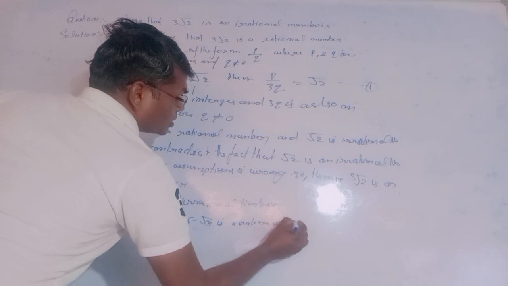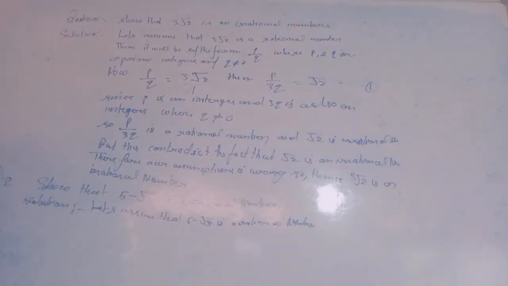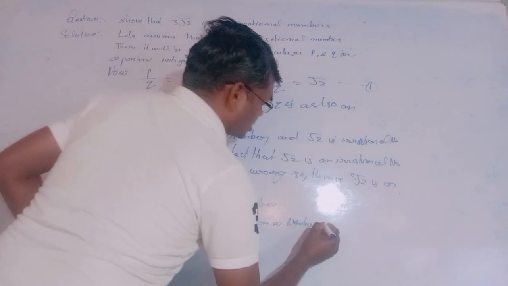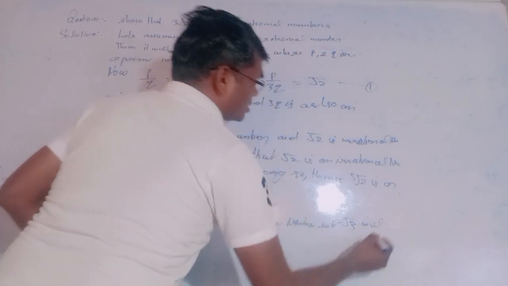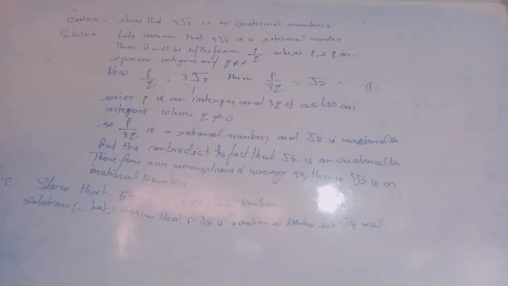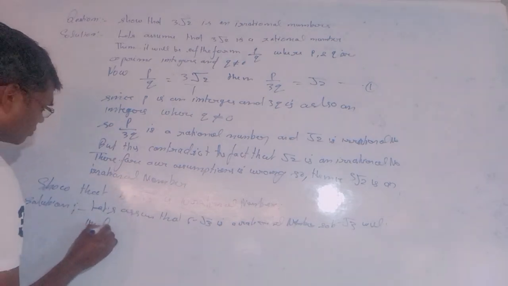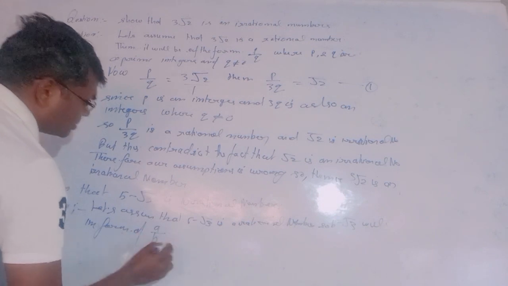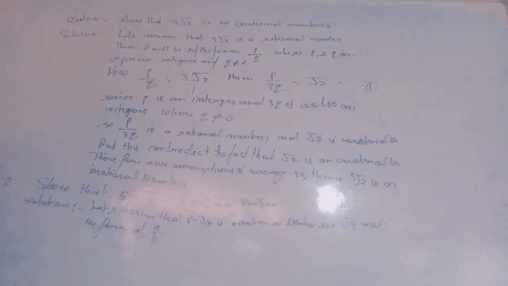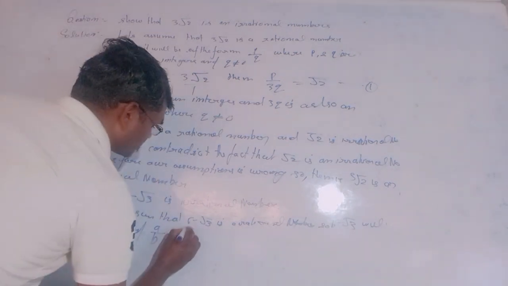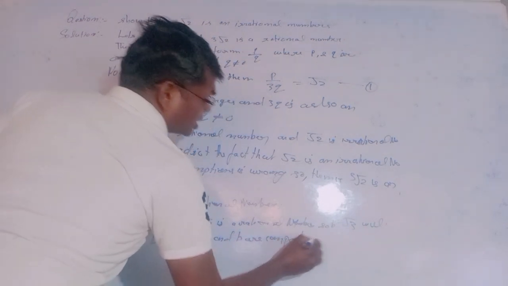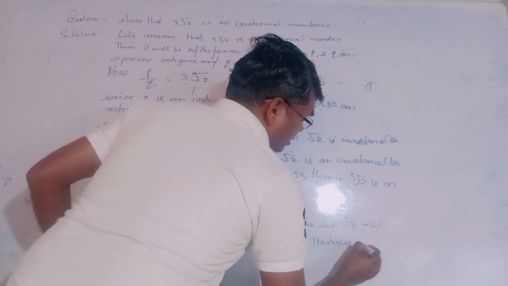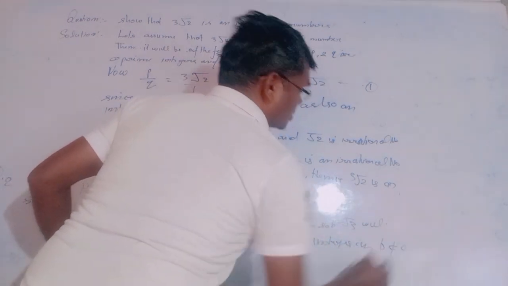Then 5 minus root 3 will be in the form of a by b or p by q, where a and b are co-prime integers and b is not equal to 0.